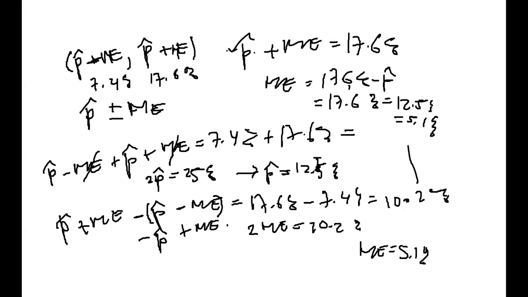Okay, 43.6 added with 61.4, and then divide by 2. So you got the p hat. And to get this one, you need to subtract the right limit, or the upper limit of the interval, with the p, right? You get the margin of error.